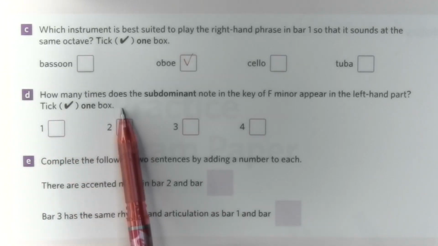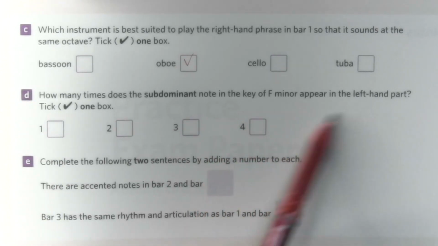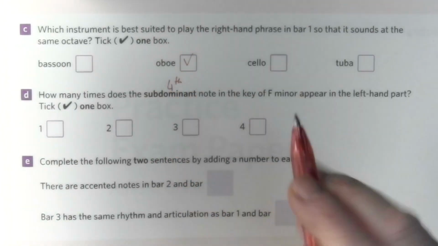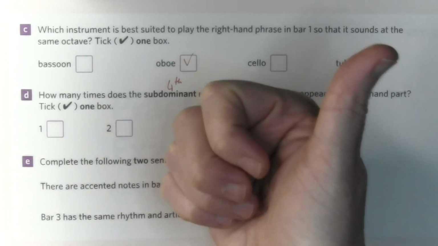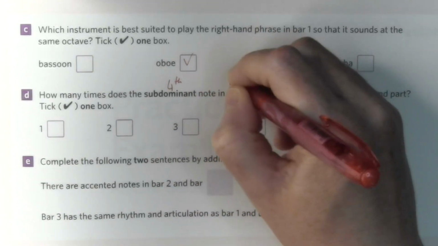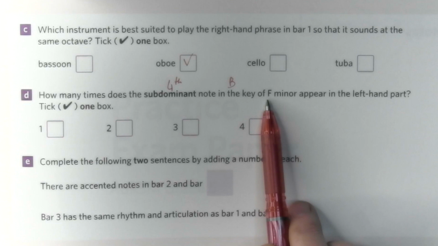How many times does the subdominant note in the key of F minor appear in the left hand part? Now the subdominant is the 4th degree of F minor. Let's have a look at the note names. Fa, Sol, La, Si. Now, B, is it flat? Well, I can tell you yes, but let's go in order.